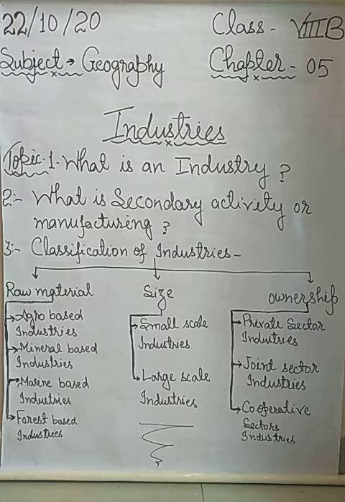All right. So students, as you know very well, industries are very important for us, because in industries many kinds of products are made which we use to complete our day by day needs and requirements.